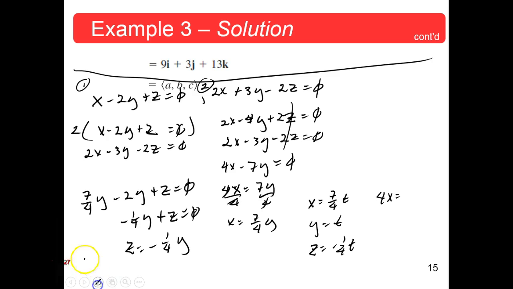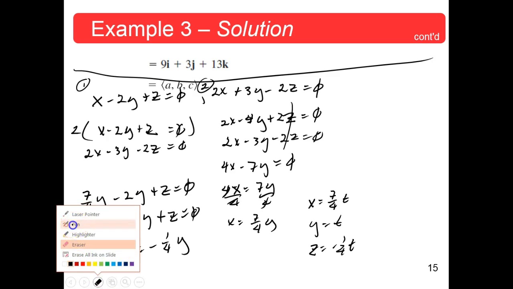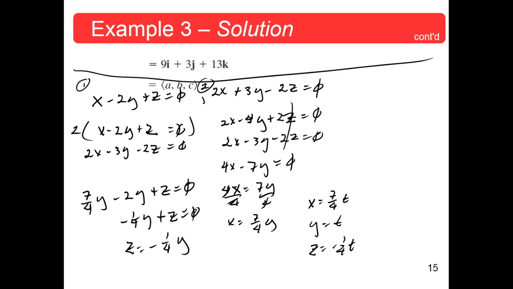Let's do that one, okay? That will be better. If you multiply all of those by 4, you have x is equal to 7t, y is equal to 4t, and z is equal to minus t.